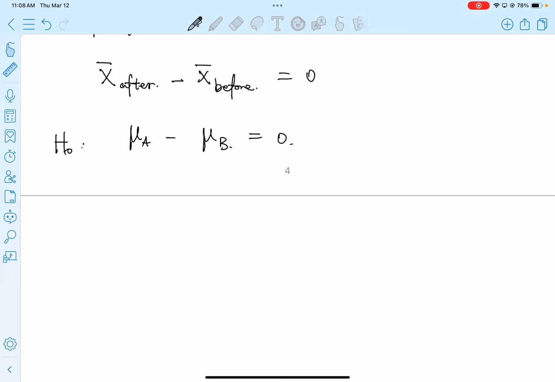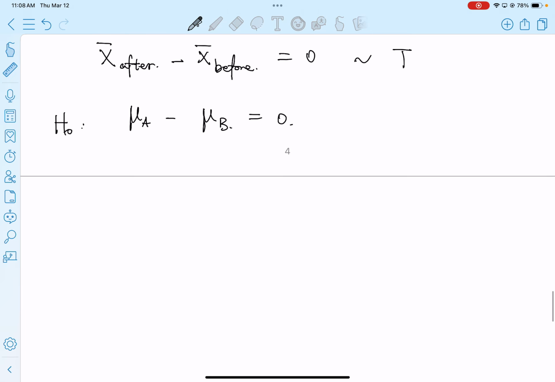Based on your null hypothesis, that means between your treatment after and before, there are no effects. Your drug is not useful. So you are testing under the regime where you assume your drug is not useful, and then based on the data that you collected, you want to see what the probability of that is. And then usually this follows the student t distribution.